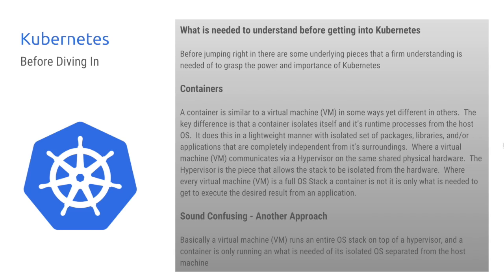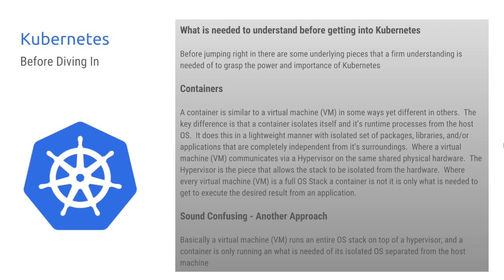Where the virtual machine has to communicate via a hypervisor on the same physical shared hardware. And a hypervisor, if you're not familiar, is a virtual machine monitor. It's computer software, it can be firmware or hardware, that runs a virtual machine.